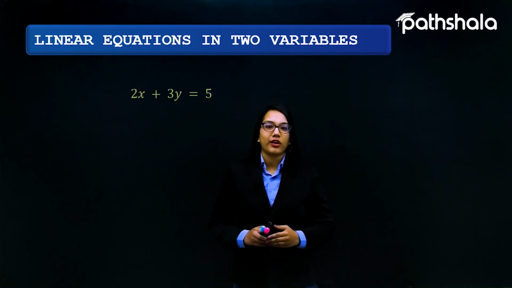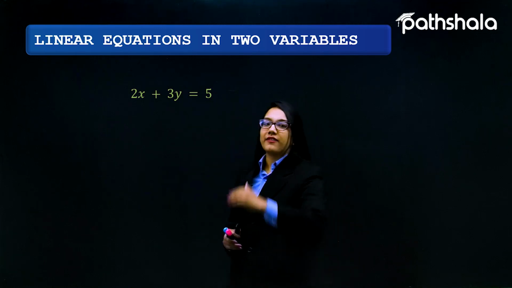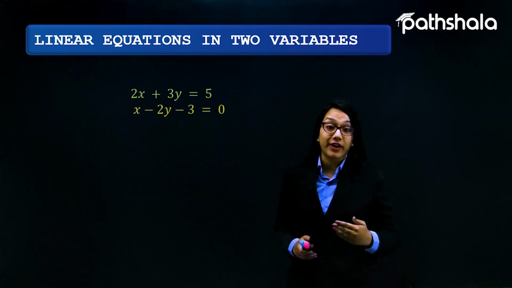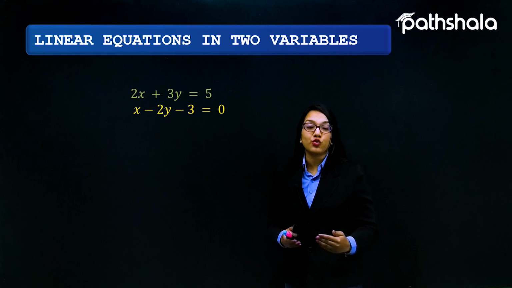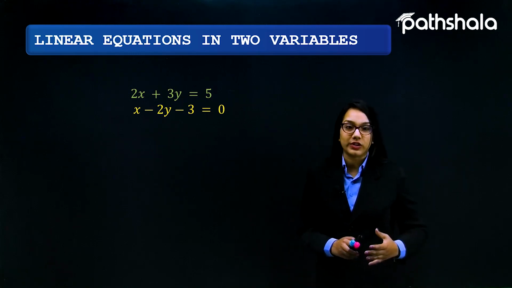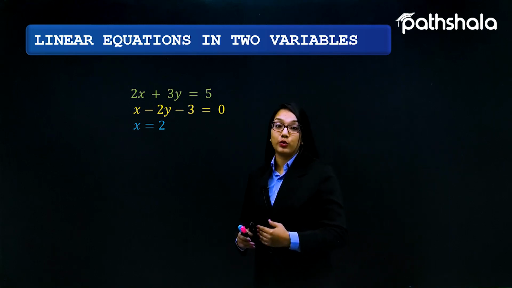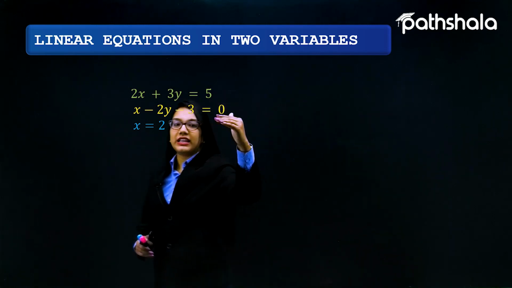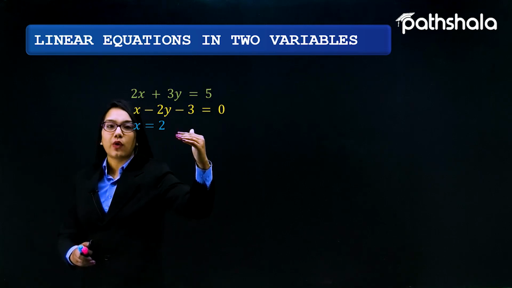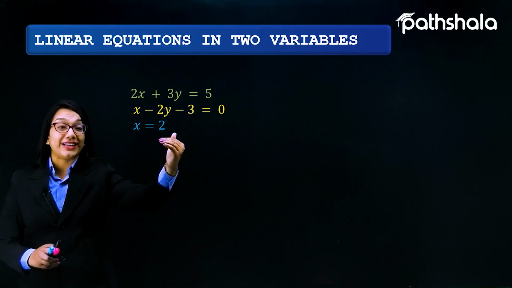Let us suppose we are talking about the equation 2x plus 3y is equal to 5, or x minus 2y minus 3 is equal to 0, or x being equal to 2. All these three equations are called linear equations in two variables.